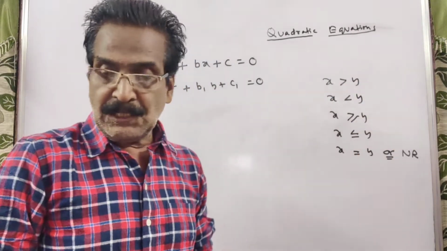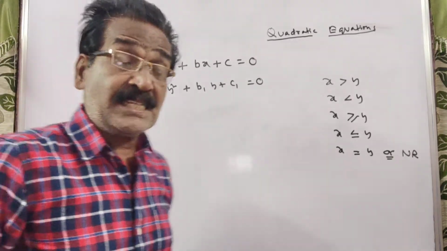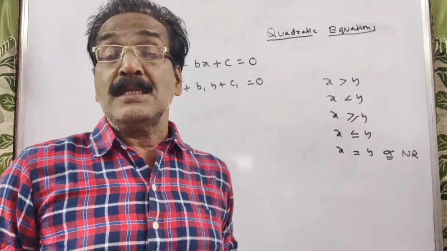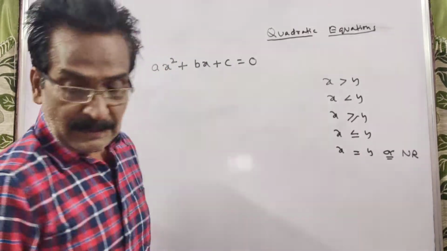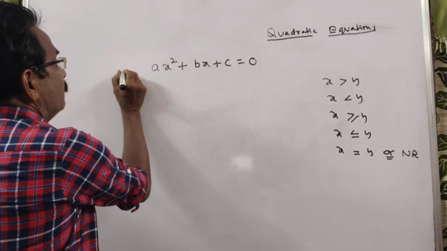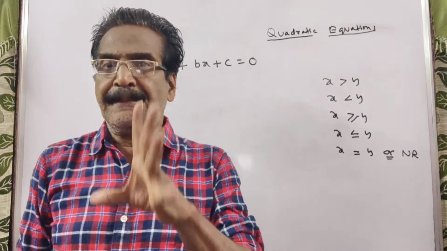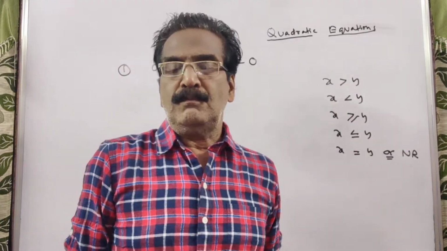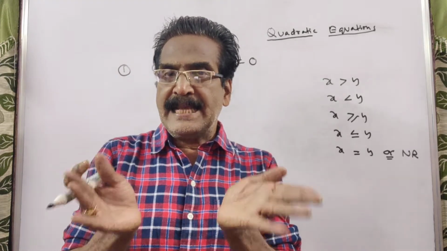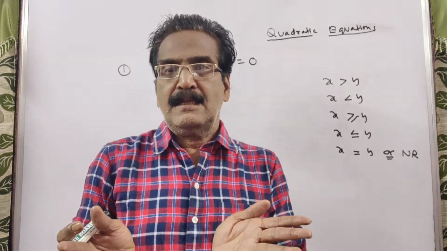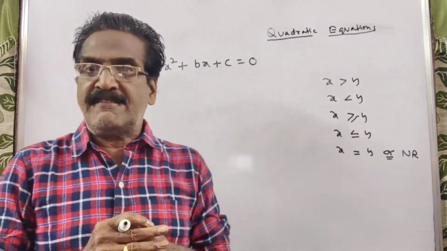Okay friends, so now let us examine the signs of the roots of a quadratic equation. First, if all the values of a, b, c are positive, we are examining the signs, either plus or minus, of the quadratic equation.